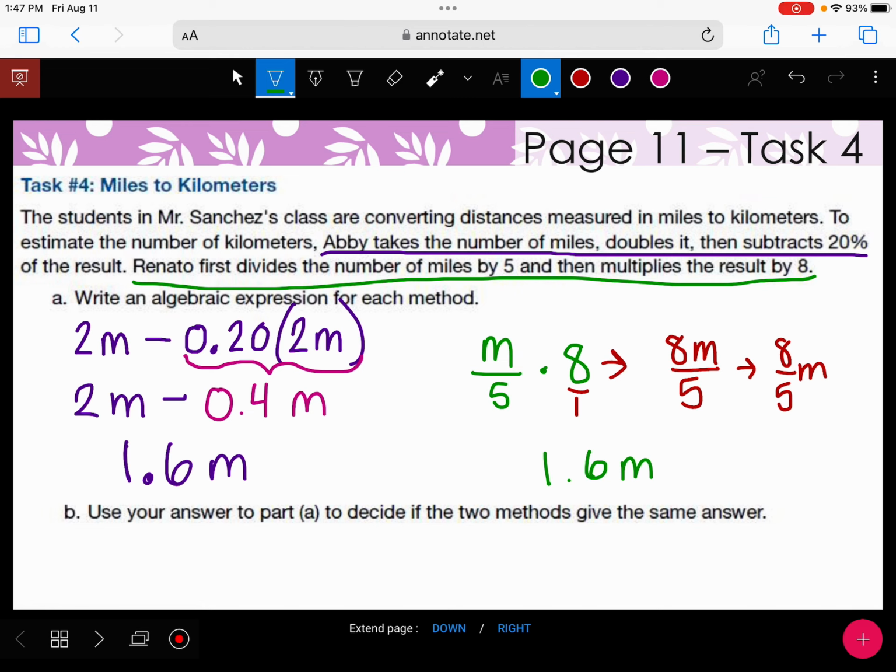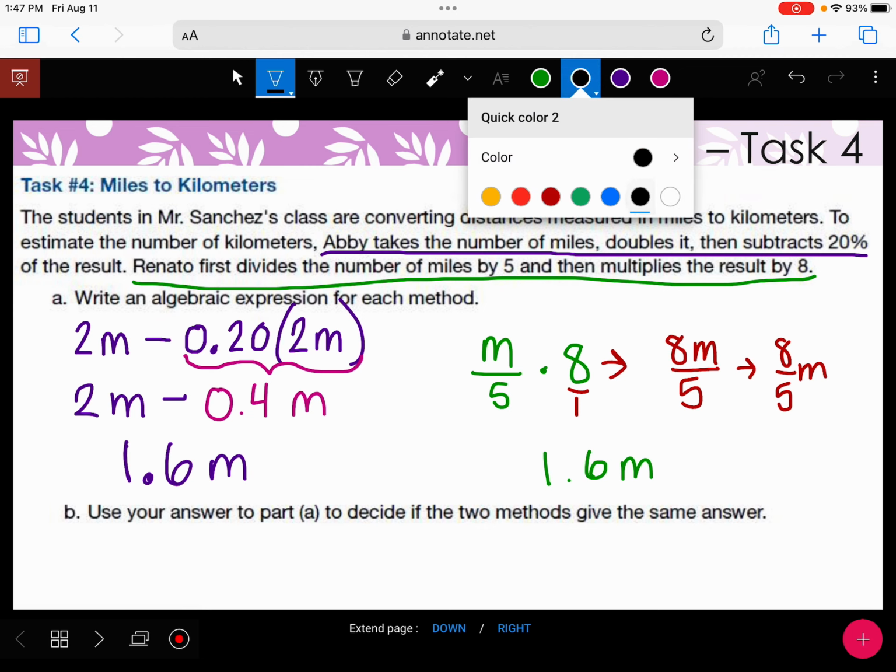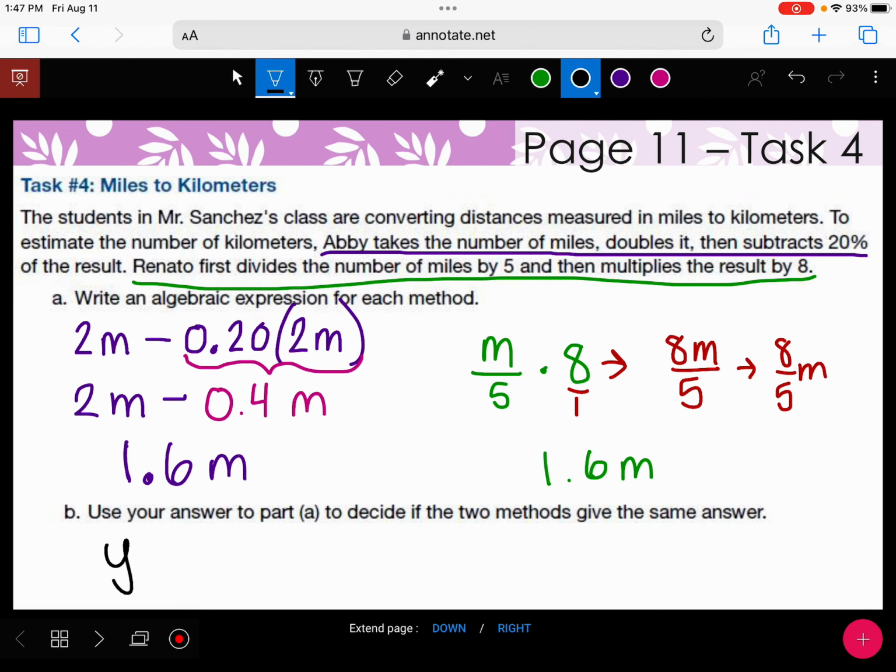Does that help us answer part B? Will they get the same answer? Yeah. They had the exact same result. So yes, they have the exact same simplified expression.